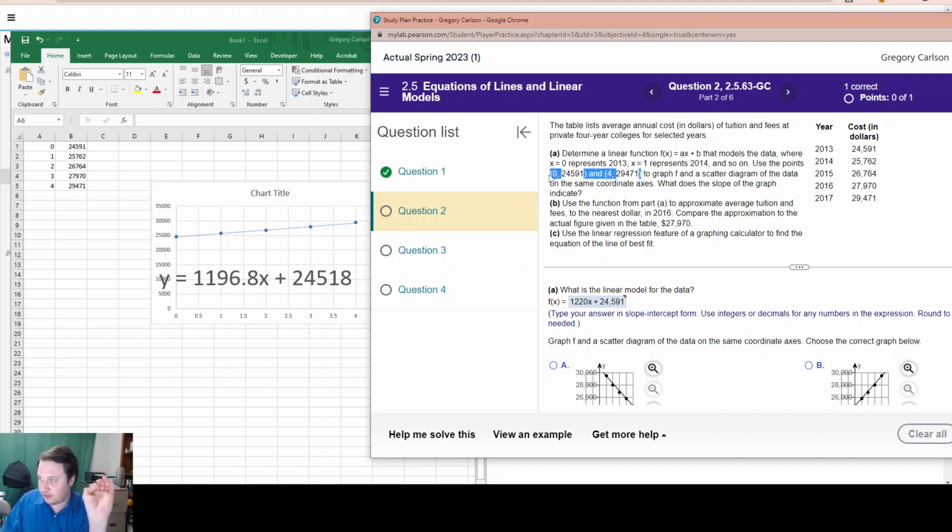Okay? They wanted me to use these 2 points, and so that's what I'm going to do now.